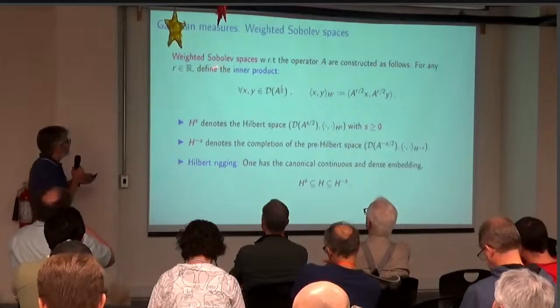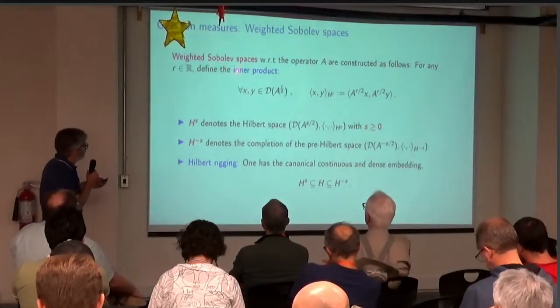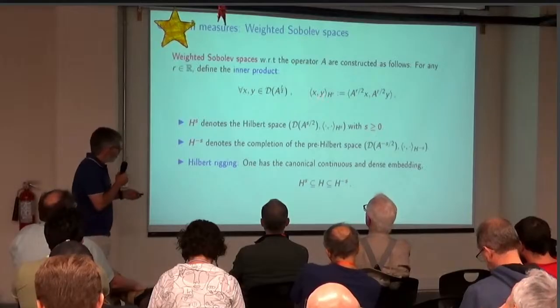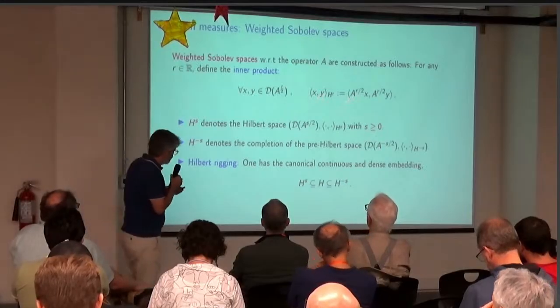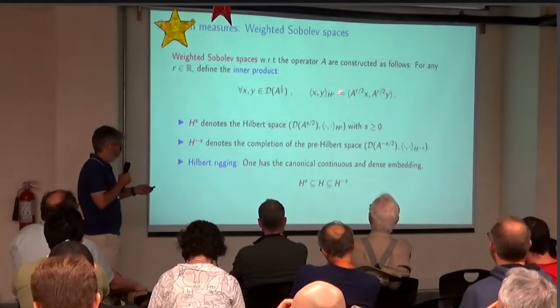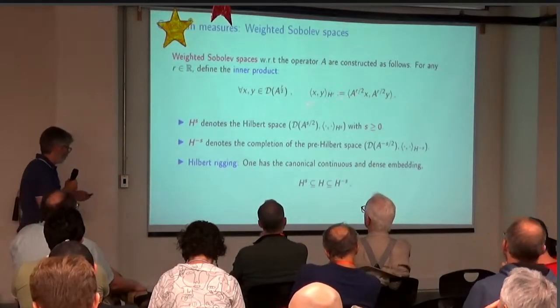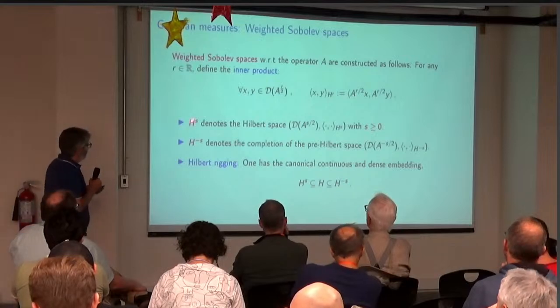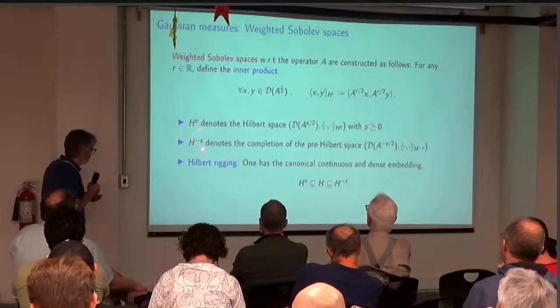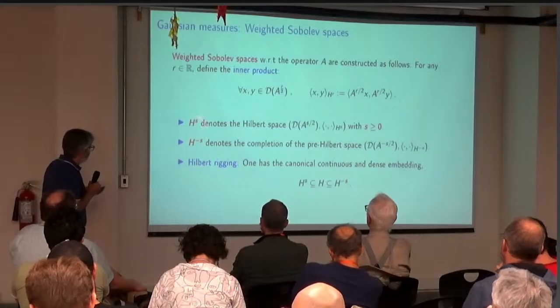So it looks like weighted Sobolev spaces. You just define a new scalar product through the operator A. For any power r, this gives you a Hilbert space H^r that is positive. And then I look at H^{-s}. So these are negative Sobolev spaces, and these are positive Sobolev spaces.